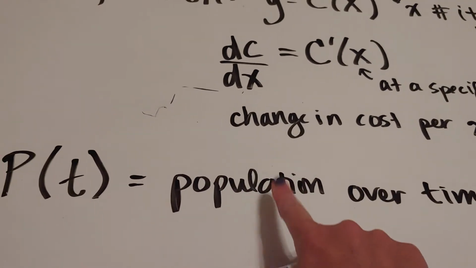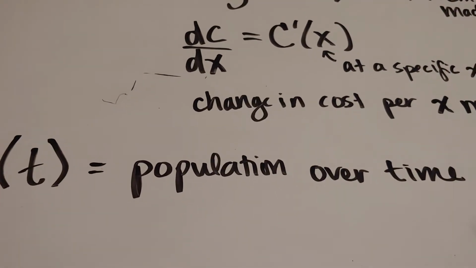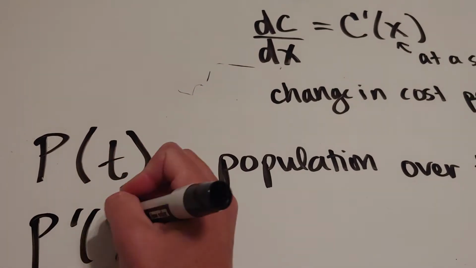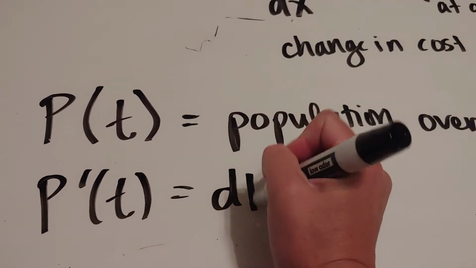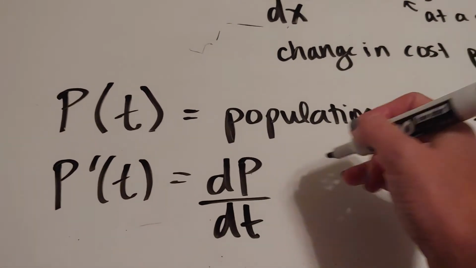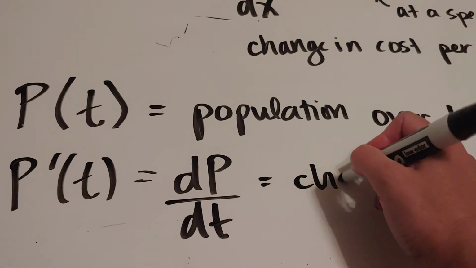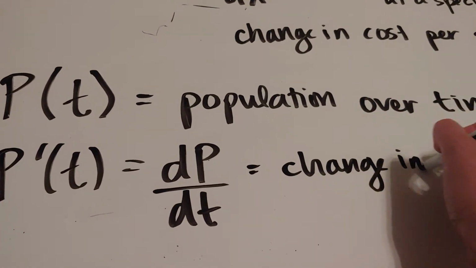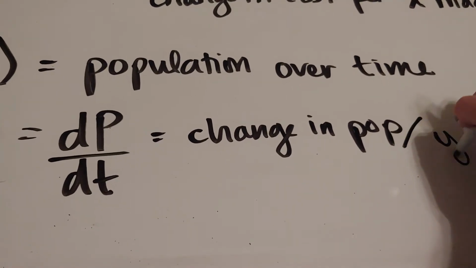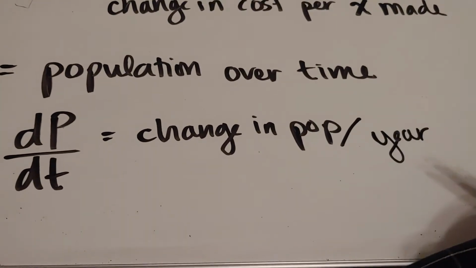Is the population in thousands or millions, whatever it is. Okay, well here, when I take the derivative, what that derivative is going to represent is change in population per year. Per time, per year, whatever it's measured in.